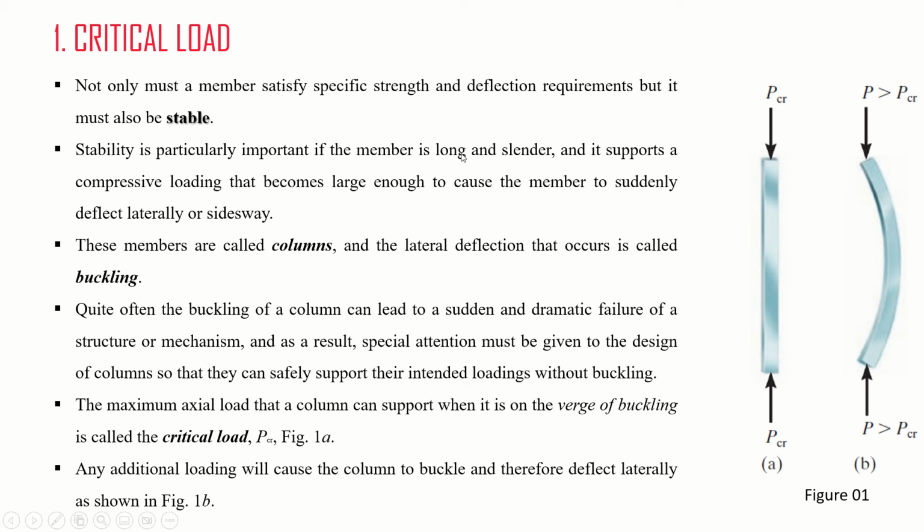If it is not long, and the load is not that large, the concern about stability is not that much. These members are called columns, and the lateral deflection that occurs is called buckling.